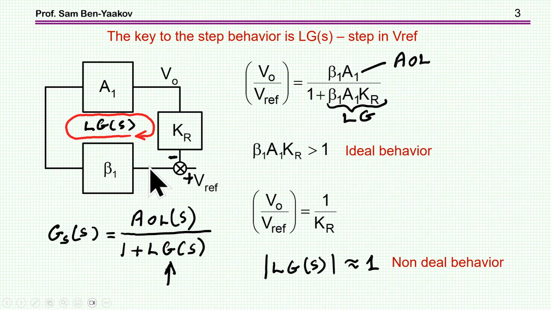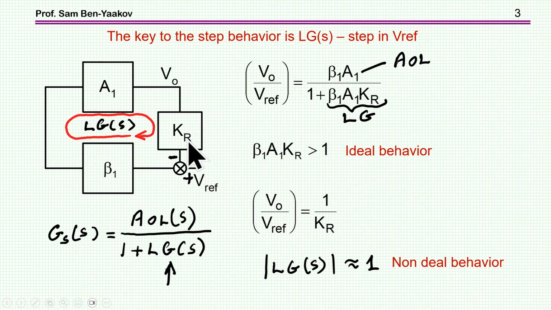This gain, starting here and going all the way around, is the loop gain. When the loop gain is larger than 1, the 1 drops, and then the response is really independent of the loop gain itself. It is a function, in this particular case, of 1 over k, which means that the output is following the reference within the voltage divider.